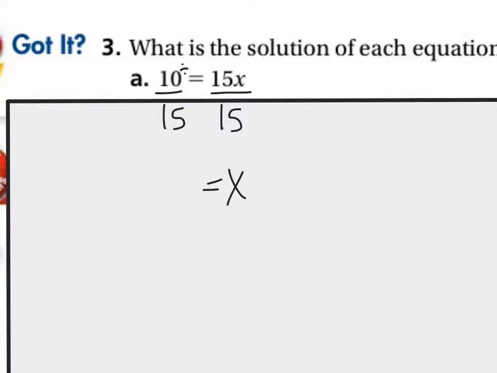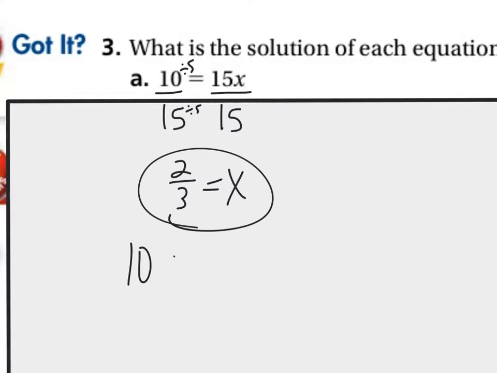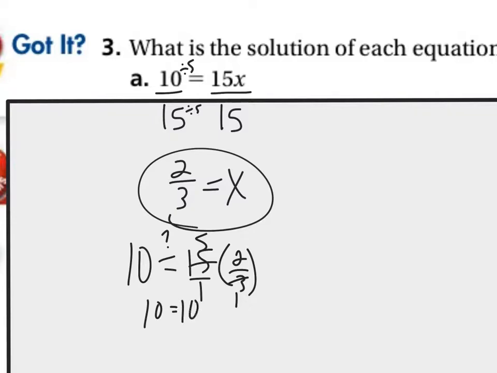So we can actually reduce both of these by 5 and get 2/3. We can't reduce that down any further, so 2/3 would be our answer. And again, I'm not mentioning this on every problem, but all of these problems we could substitute our answer back into the equation and see if it works or not.